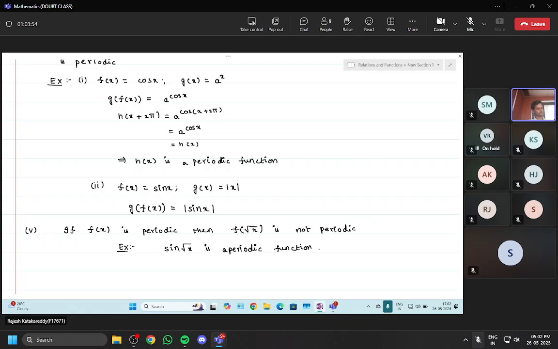Now in the book, there are some problems on periodic functions. So, if f of x is periodic, then root of f of x is periodic, but not f of x.